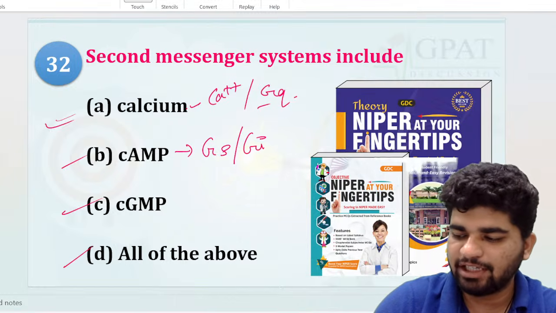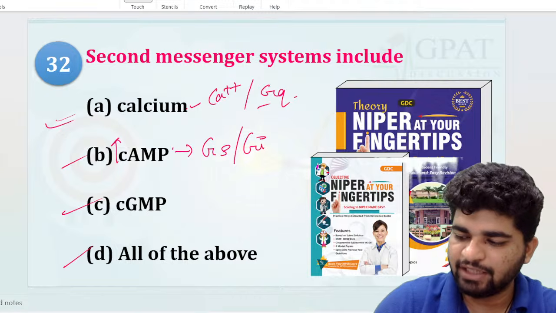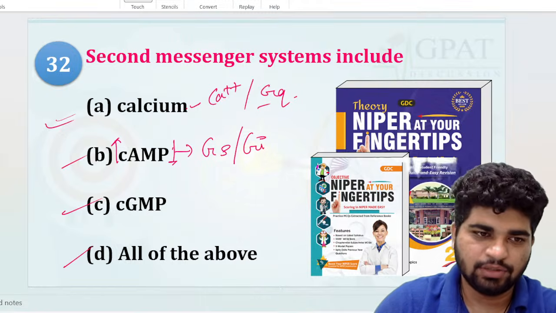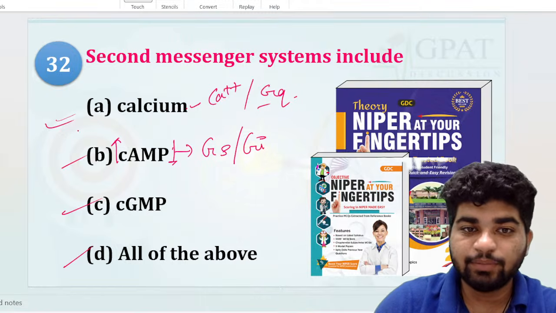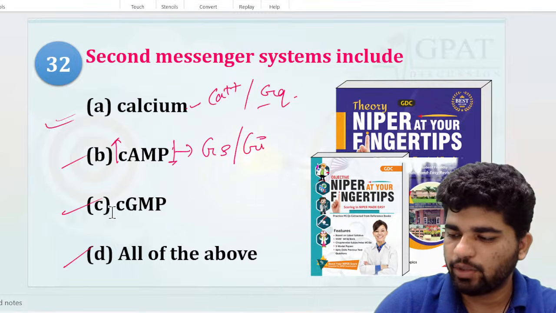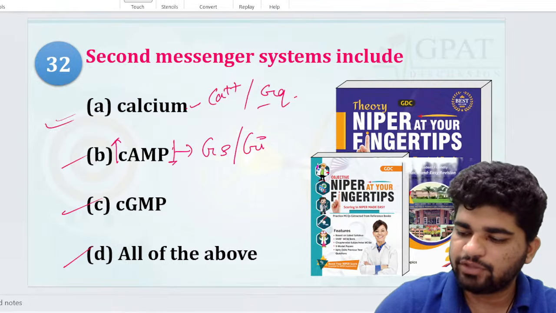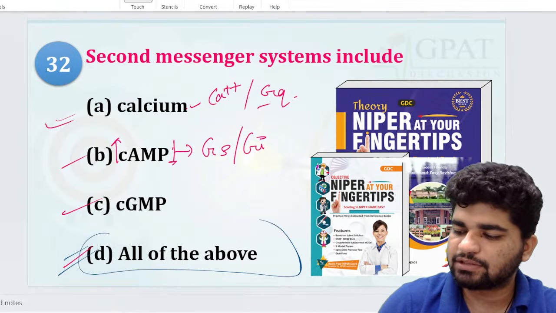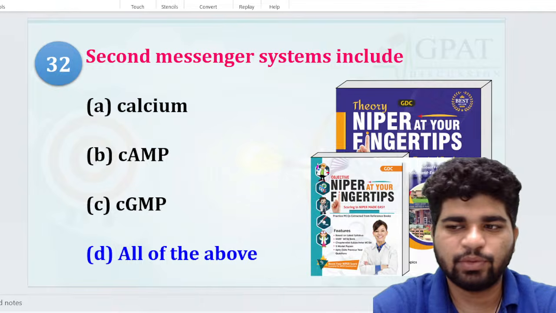In Gs, cAMP level is increased, and in Gi, cAMP level is decreased. cGMP is also one. So all of the above is your correct answer.